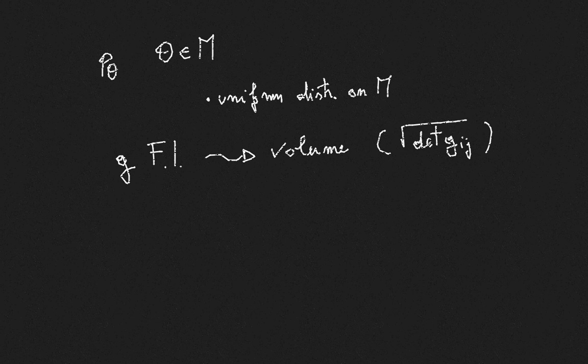Maybe we'll be talking about that, maybe not in some other lecture, but you can define a volume on M. So you can draw samples from the parameter space, giving equal probability to equal volumes.